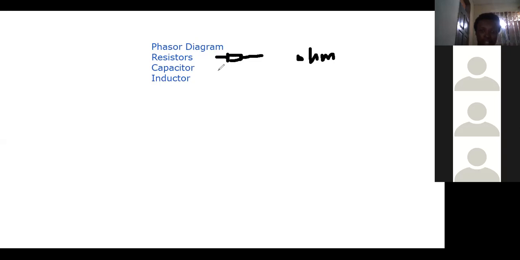Then the capacitor is measured in farads. And this is the symbol for the inductor. It is a coil of wire. It stores electrical energy in a magnetic field, and it is measured in henry.